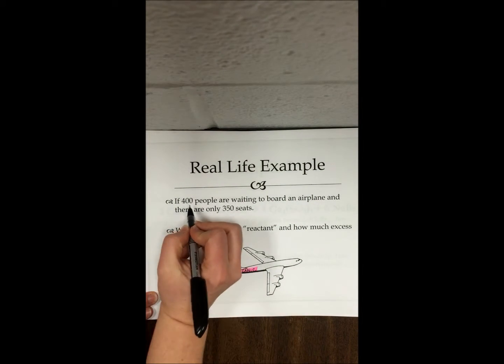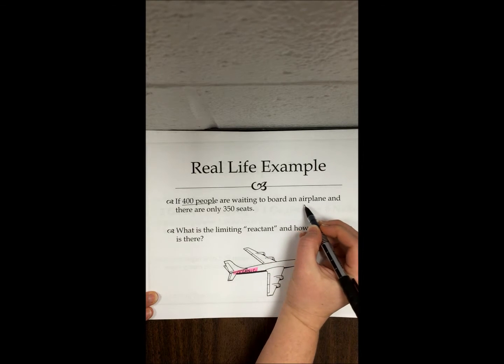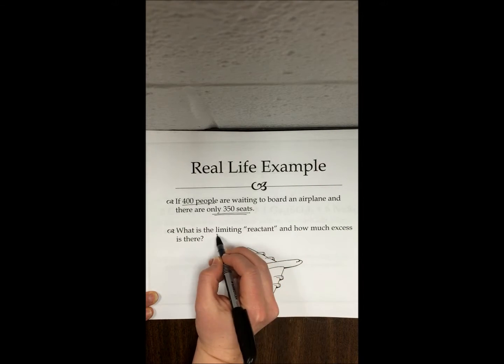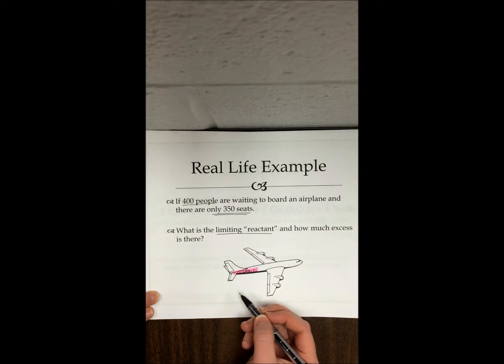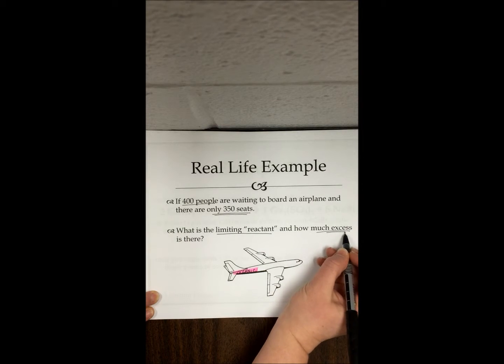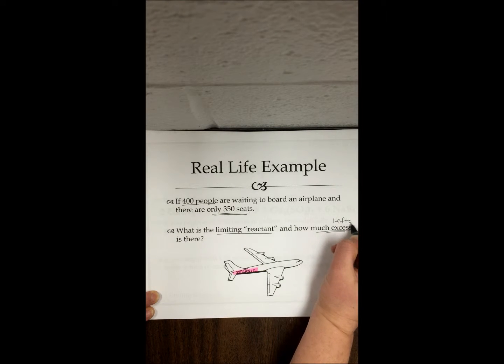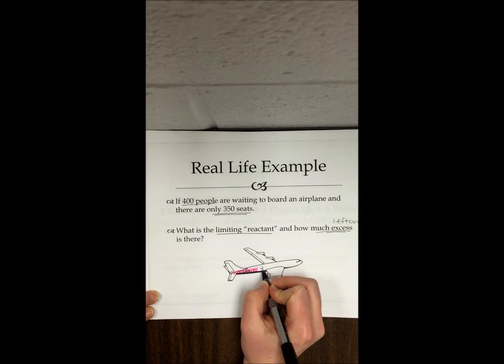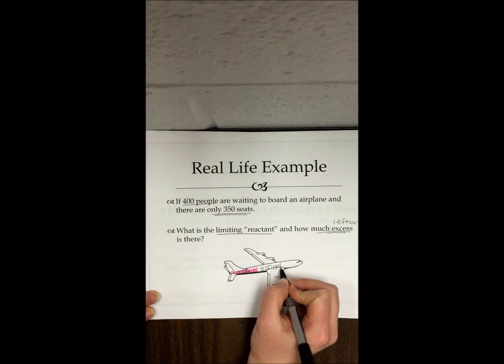If there are 400 people waiting to board an airplane, but there are only 350 seats, what would be the limiting, aka the one that limits the reaction, and how much excess or leftover would there be? So if we have our plane here, it only can seat 350 people.